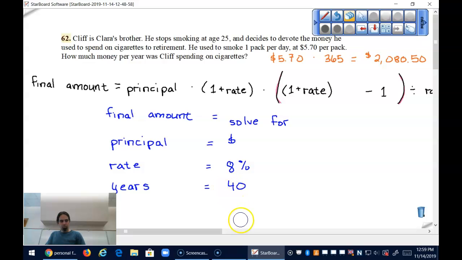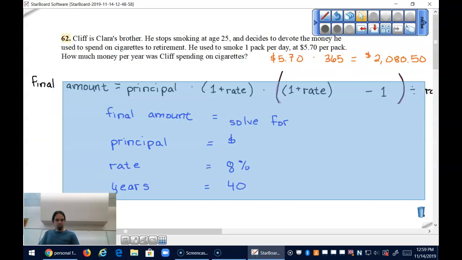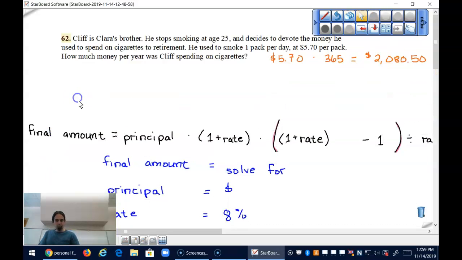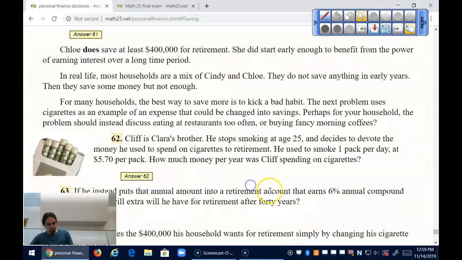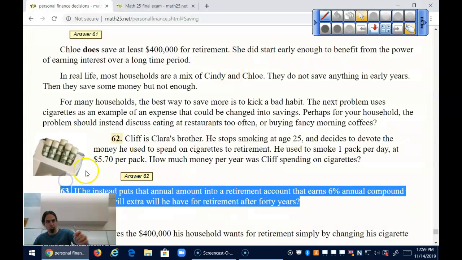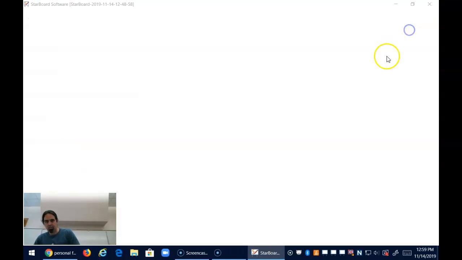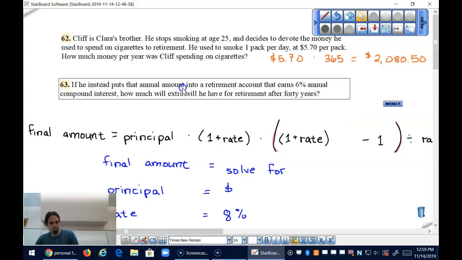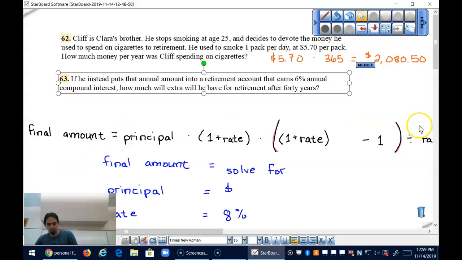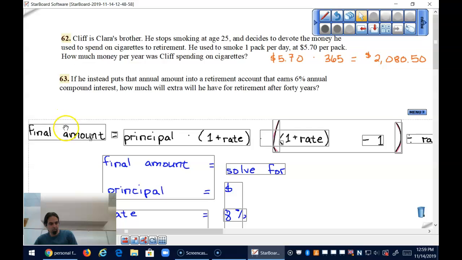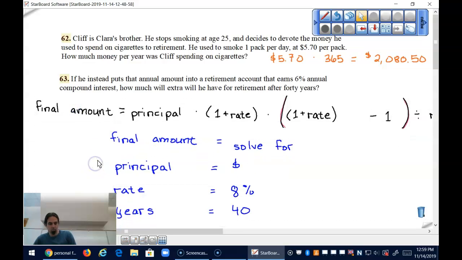Oops, okay, that was all of part A. Now we're going to move this down. And say, instead he puts that in an account that earns 6%.